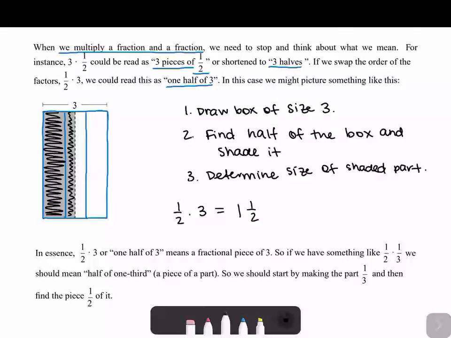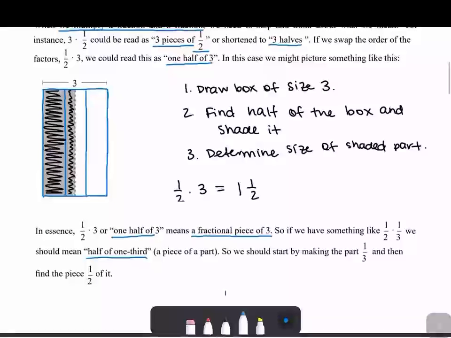Okay, so what does this mean? Whenever we think of 1/2 of 3, we just get a fractional part of 3. Similarly, if we extend this to multiplying a fraction times another fraction, when we do 1/2 times 1/3, we should get half of 1/3. So we get a piece of a part.